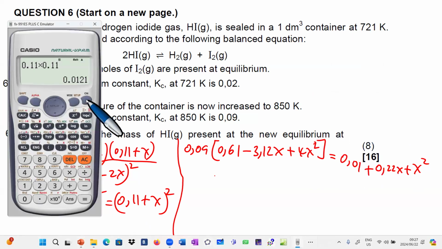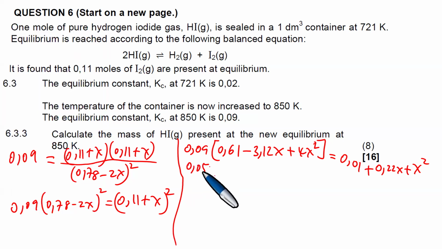Now let us look at this one. 0,09 times 0,61, which is 0,055, taking just one more decimal place.